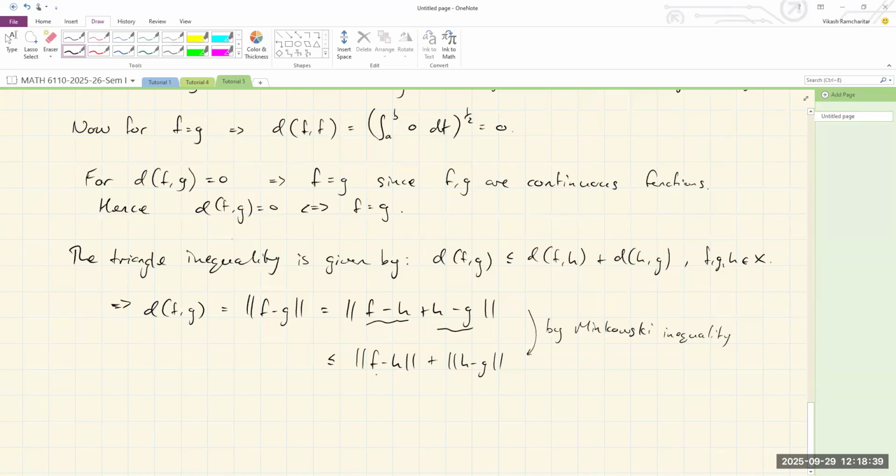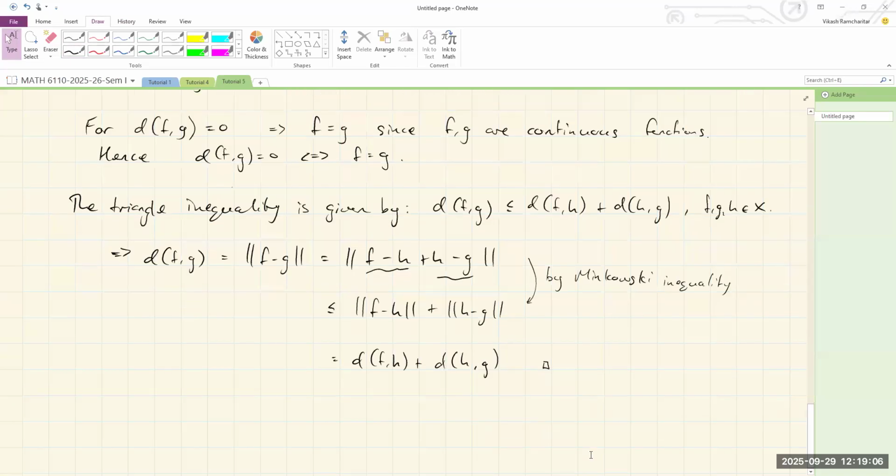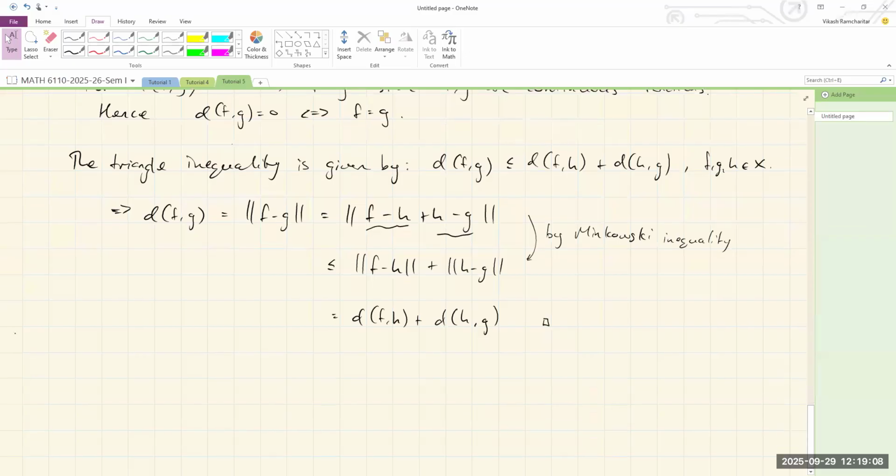The norm of f minus h is simply d of f, h, and the norm of h minus g is simply d of h, g, which is what we wanted to prove, the triangle inequality. So the triangle inequality follows very easily once we've done all the work to derive Minkowski inequality.